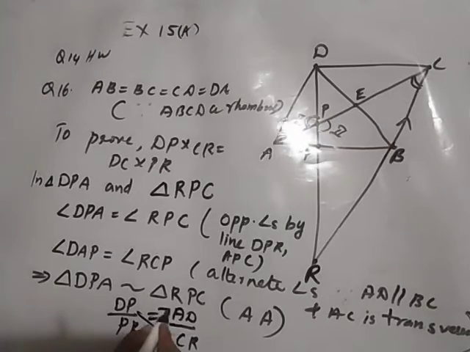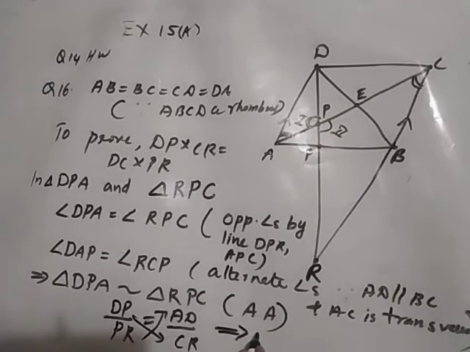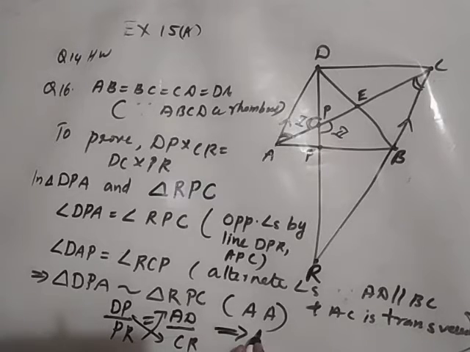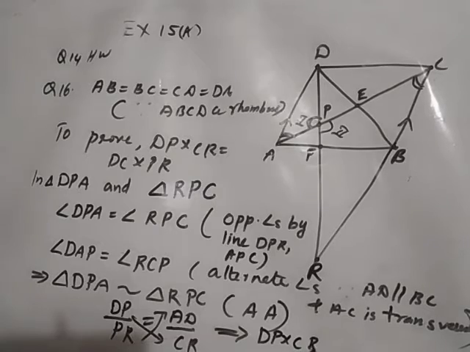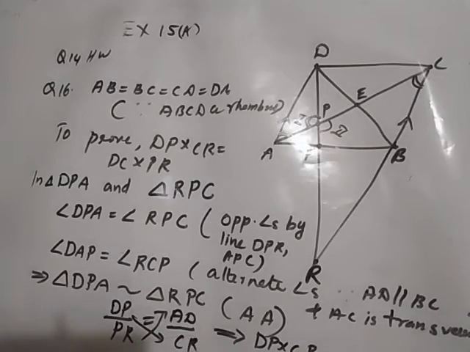If we cross multiply, we will obtain DP into CR equal AD into PR.